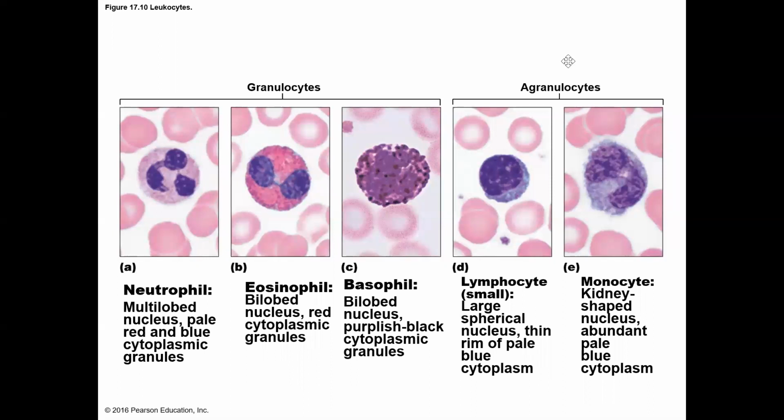Here are the 5 of them with a very clear description. I like this slide better. If you take a look at it, it shows you each one of these white blood cell categories with the description underneath: neutrophils, eosinophils, basophils, lymphocytes, and monocytes. I recommend you read them and understand them, because these features help you distinguish which one is which, like which one is the eosinophil and which one is the neutrophil.